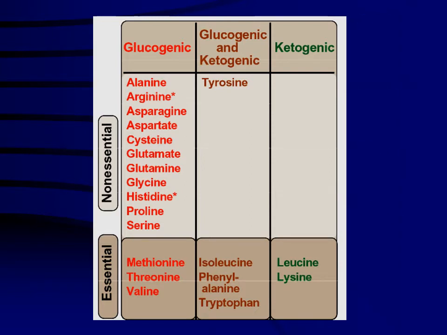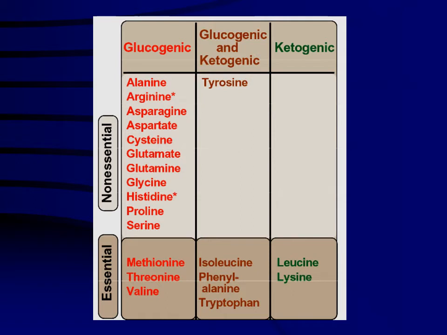Amino acids can be categorized as glucogenic, glucogenic and ketogenic, and ketogenic only. The glucogenic amino acids, which are non-essential, are given in the table. Methionine, threonine, and valine are the essential amino acids which are glucogenic.